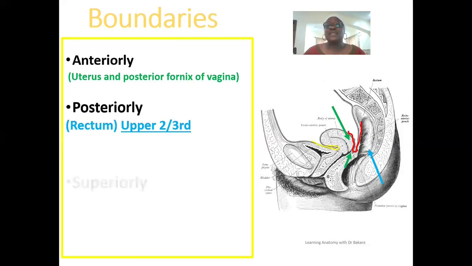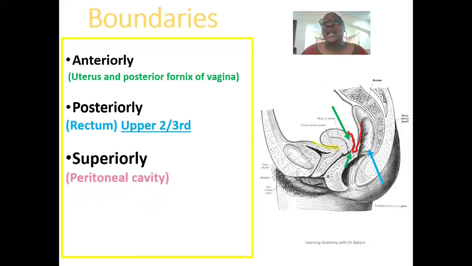And this is understandable. So if you go more superiorly above here, you have the peritoneal cavity. And this is what is arrowed there at this point. So the rectouterine pouch is seen to be continuous superiorly with the peritoneal cavity. This kind of presentation is also seen in the anteriorly placed vesicouterine pouch or the uterovesical pouch in the anterior part.